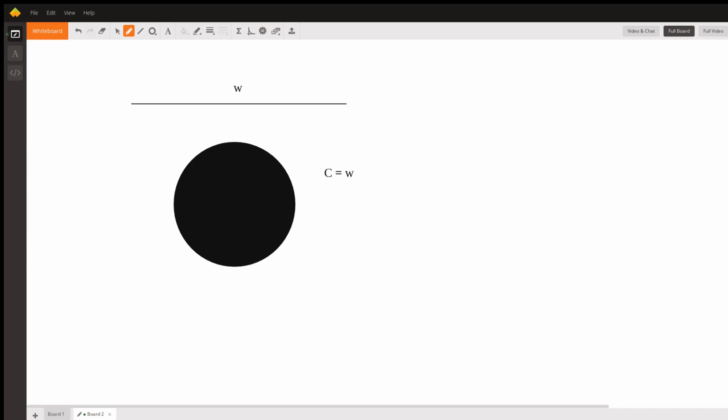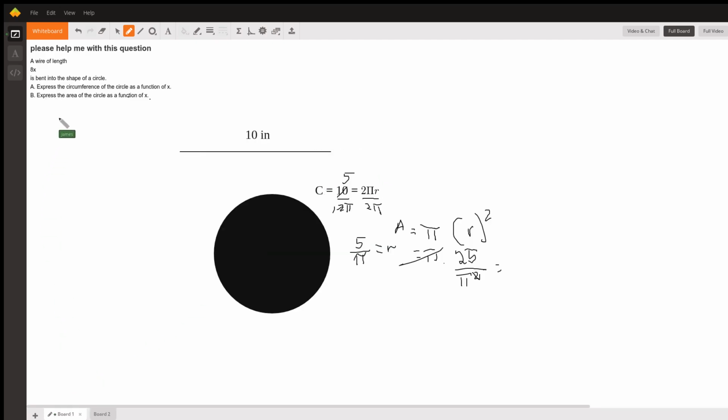Now, all of these things are just placeholders for numbers, and we can treat them like every other number. Let's divide both sides by 2 pi, and we will get r all by itself. And this actually answers the first part of our question: express the circumference of the circle as a function of x.